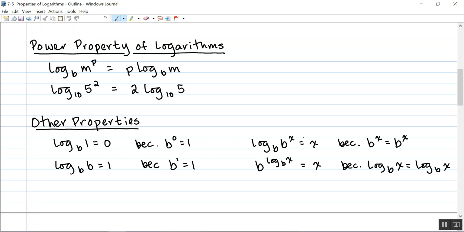Log base b of b to the x equals x, because, writing it in exponential form, b to the x equals b to the x. And b raised to the power of log base b of x equals x, because if we were to take this and write it in logarithmic form, we would have log base b of x equals log base b of x.